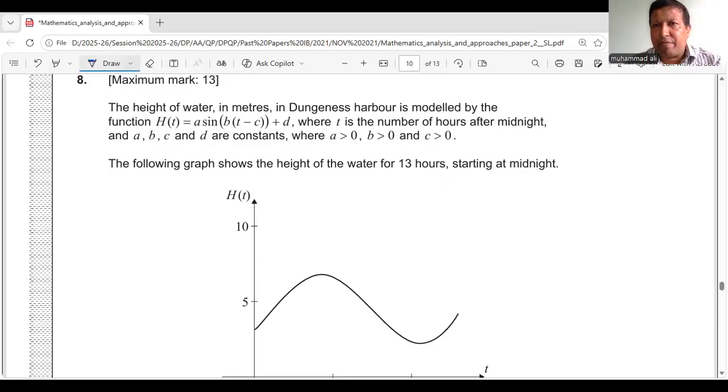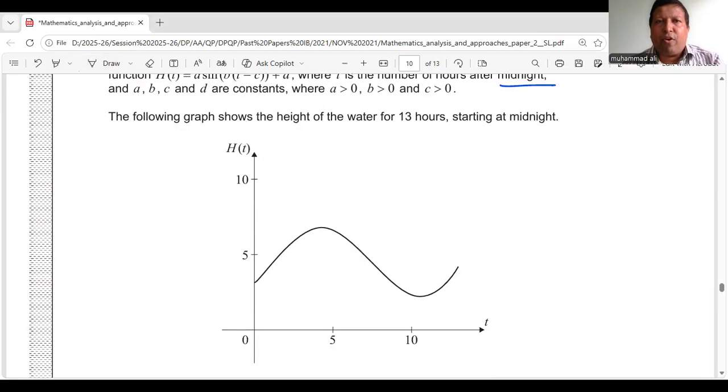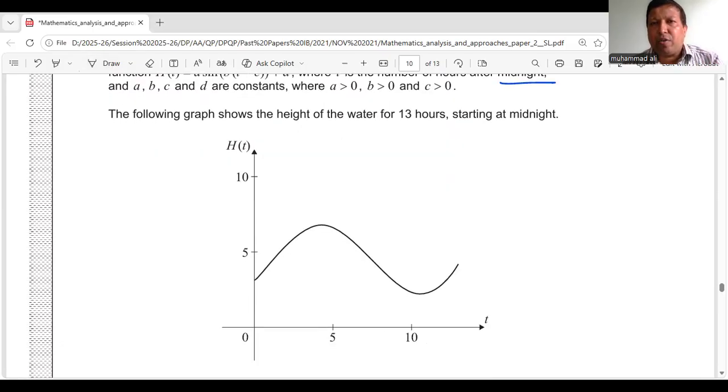Here it is very important, after midnight, and a, b, c and d are constants, where a, b and c are positive. The following graph shows the height of the water for 13 hours starting at midnight.